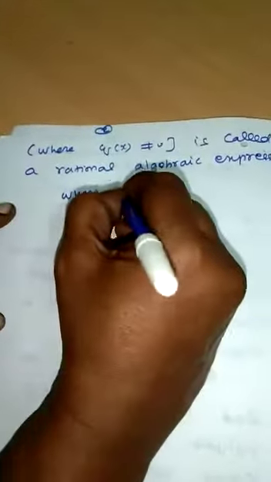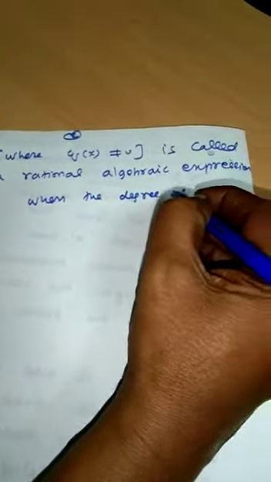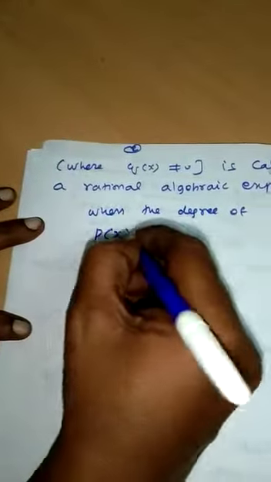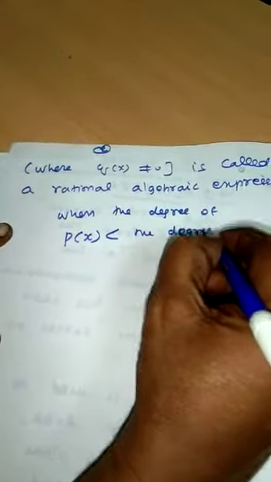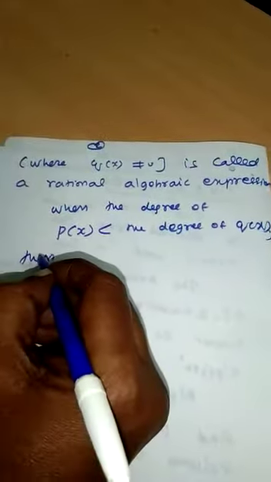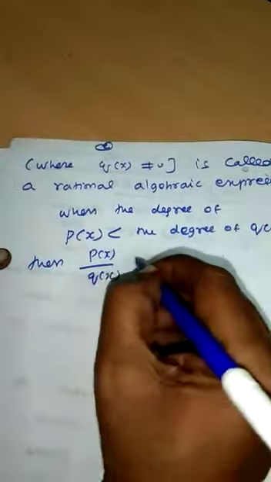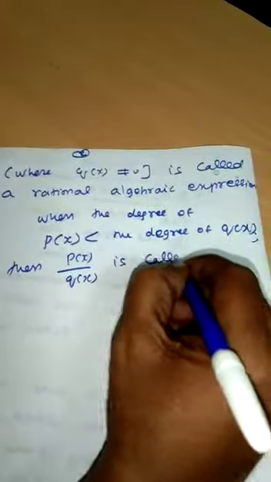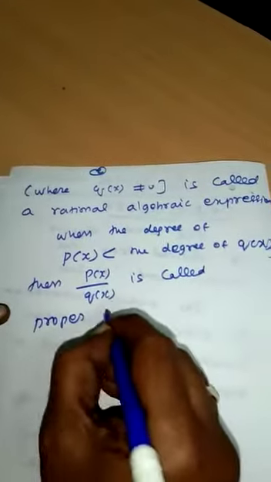When the degree of p of x is less than the degree of q of x, then p of x by q of x is called a proper fraction.